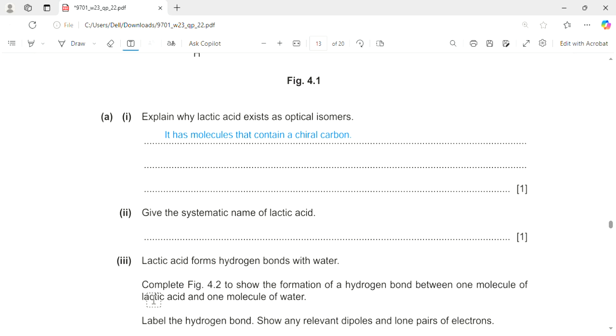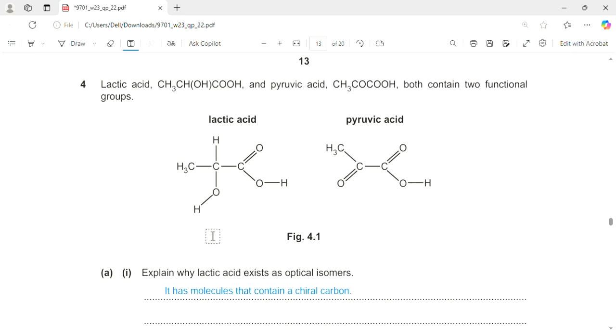Give the systematic name of lactic acid. So how many carbons are there? We start from this side. Here are three carbons, so it must be an -oic acid.